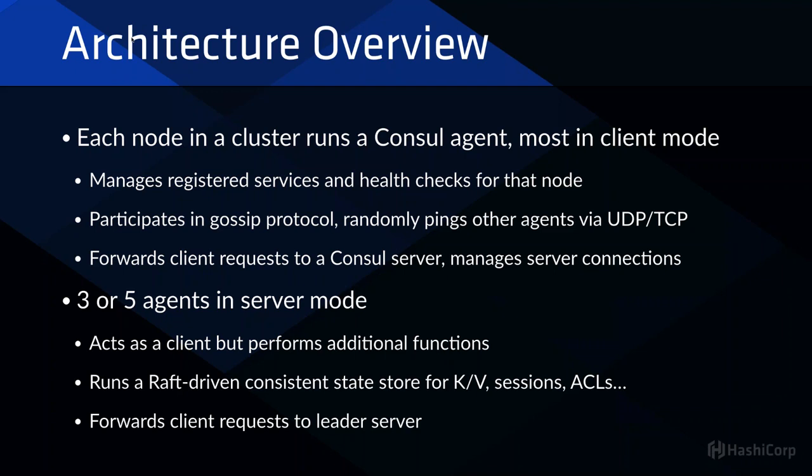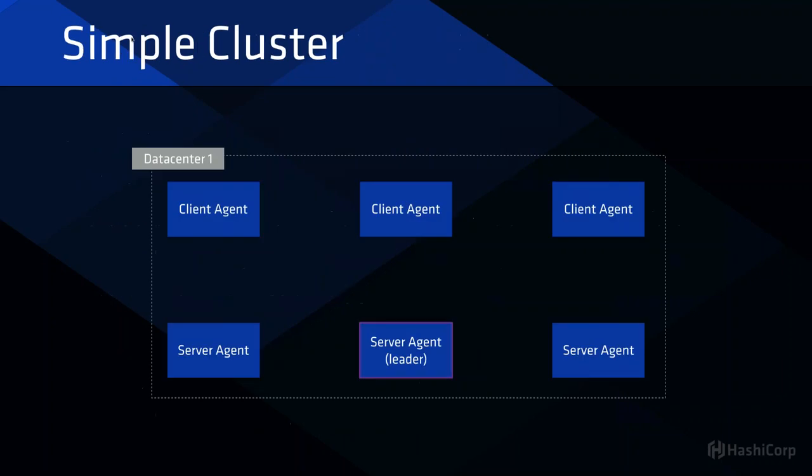And the servers will forward client requests to the leader if necessary. So if a client agent wants to do a write to update a key, it will talk to any one of the servers. And if that server is not the leader, it'll internally forward the request over to the leader to perform the write.